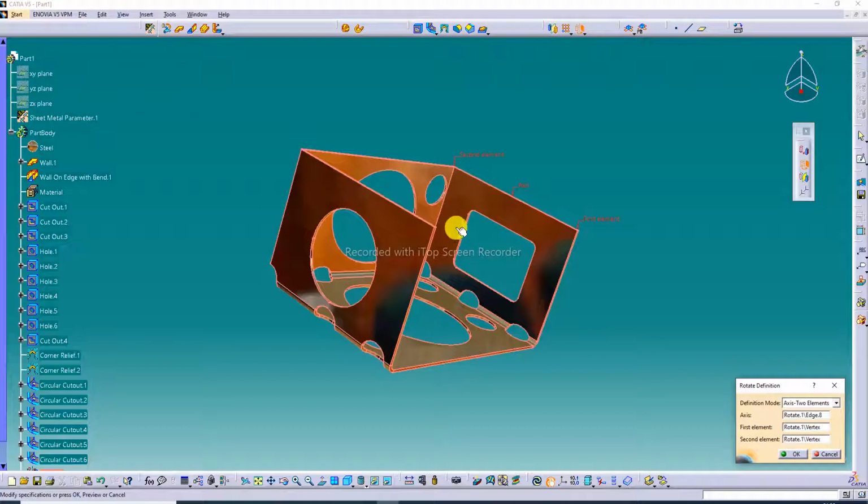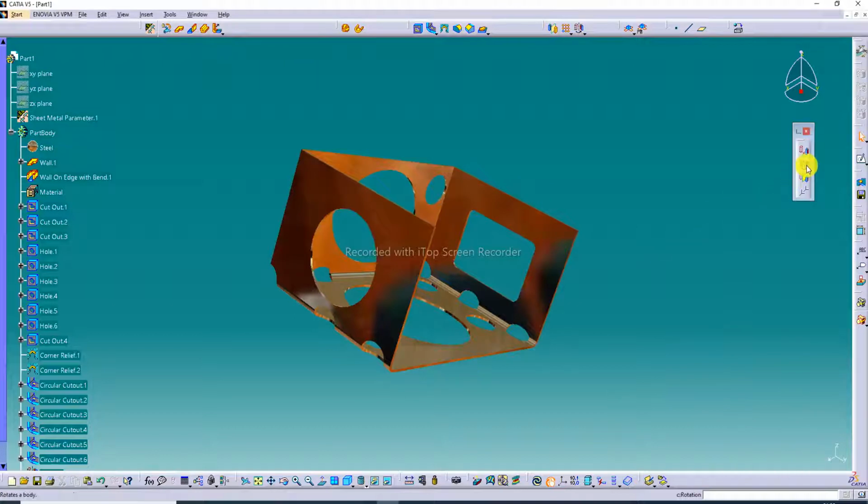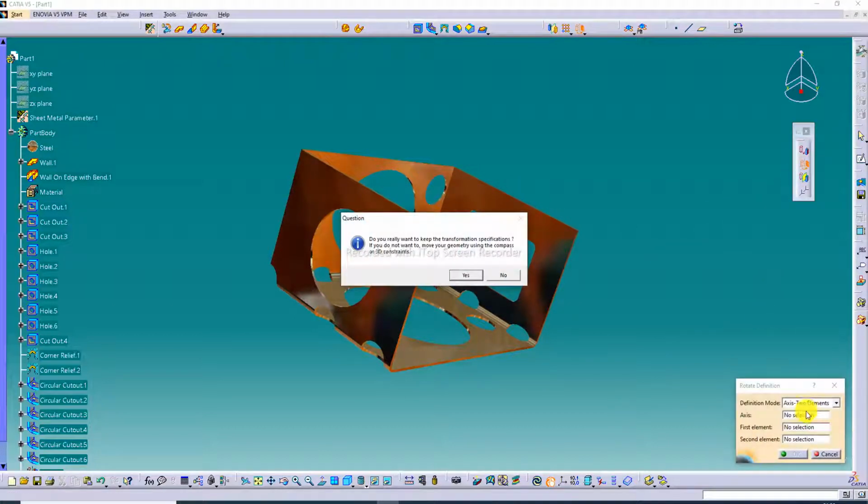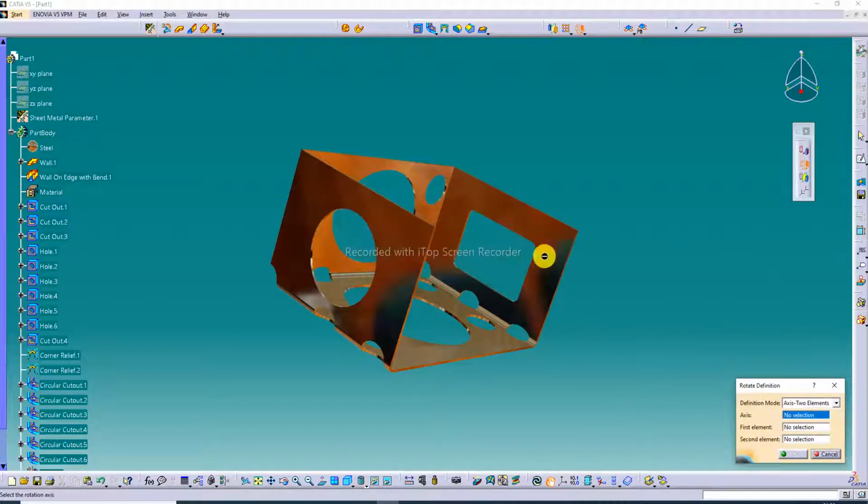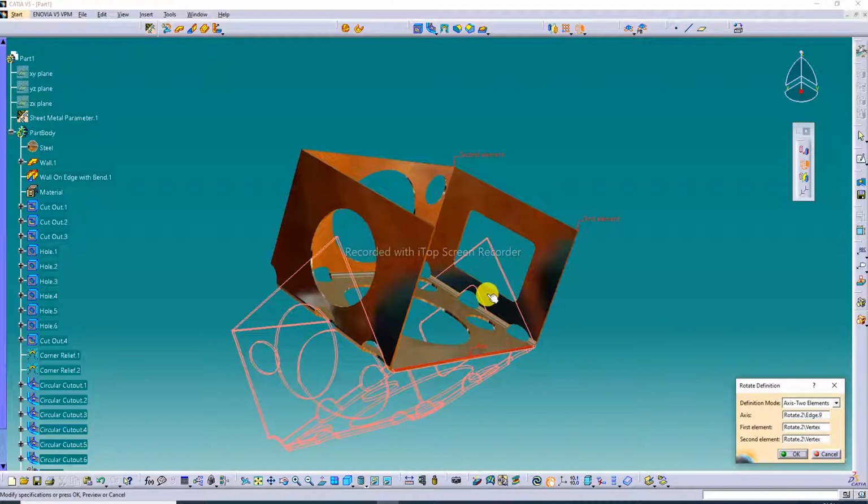This is correct, and it rotates also. The axis is this axis, the first element is this point, and the second element is this point. This is a perfect body rotation here.